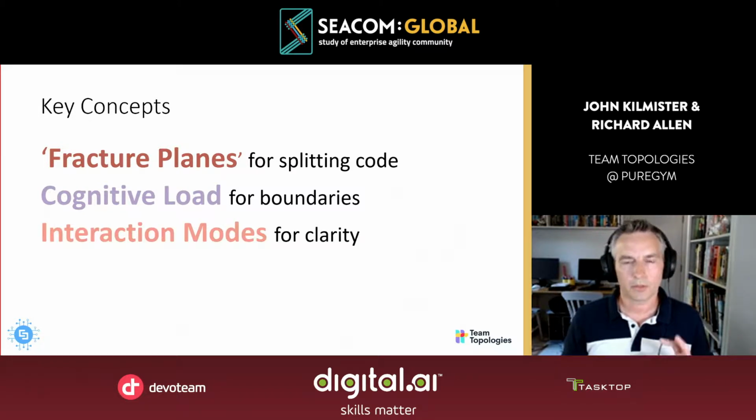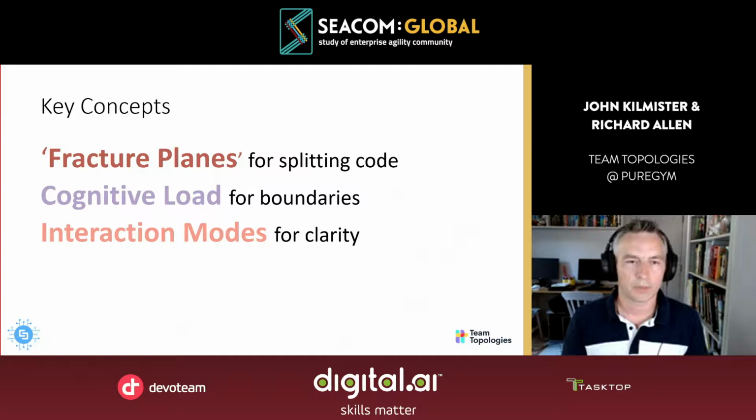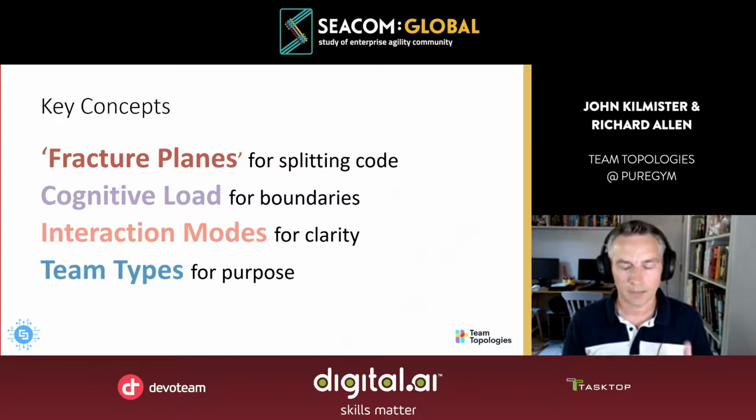We used the interaction modes to clarify how those teams should be interacting and working out whether the way in which they were working matched the expectation of that particular team type and collaboration mode. And then our team types, streams and platforms, we used to define the purpose for each team.